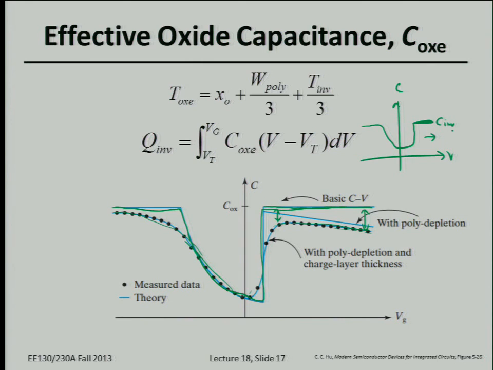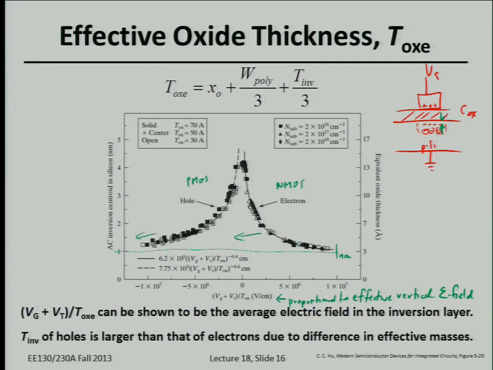Will it get worse or get better? Well, as you increase the gate voltage beyond the threshold more and more, you're pulling the inversion layer closer and closer to the oxide because a stronger electric field attracts it to the oxide. So the inversion layer thickness actually gets less as you increase the voltage.